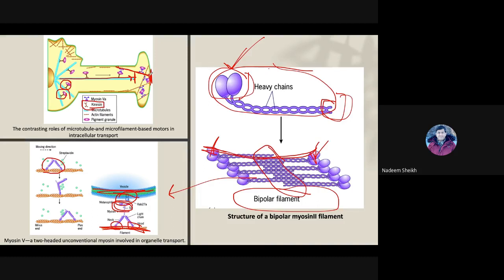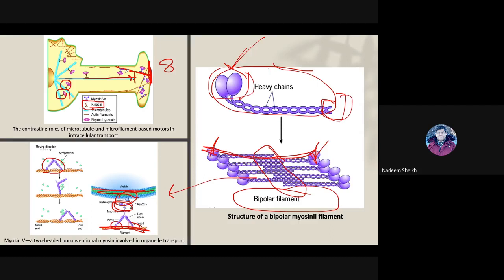And actin filaments, as they have a very thin diameter, are not as thick as the microtubules, so they have the ability to go up to the plasma membrane, and in this way the cargo transport is completed with the help of myosin protein and actin filament, along with the microtubules and kinesin.